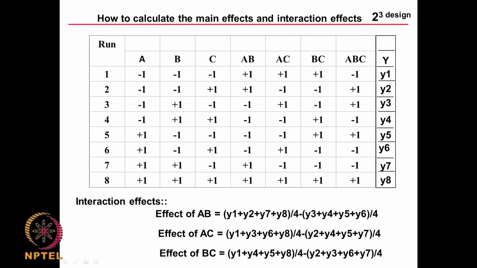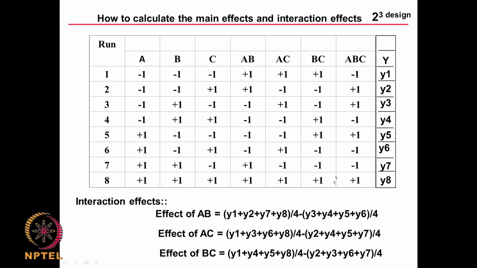Now, if I want to know AC interaction, for example, temperature and carbon amount, you know how to get this AC, you just have to multiply these 2 and get this, these 2, this, like that. So, for AC there are 4 places you have plus here, here, here. So, y1 plus y3 plus y6 plus y8 divided by 4, 4 places you have minus, y2, y4, y5 and y7 divided by 4.